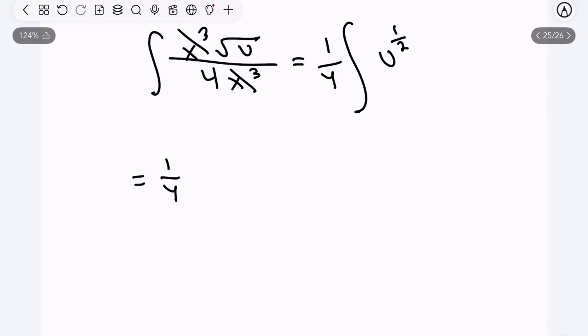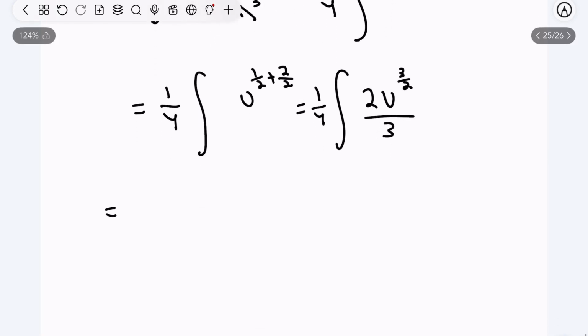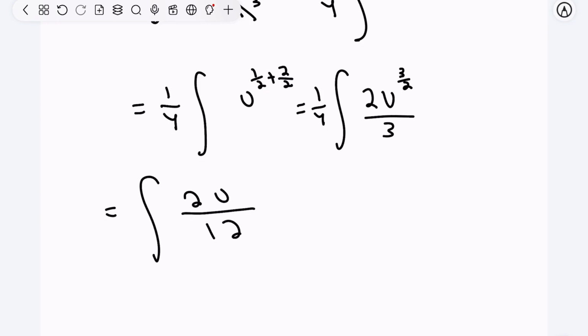Now we need to find the integral. u to the 1/2 plus 1, which is 3 over 2, divided by 3 over 2, which is equal to 1 over 4 times u to the 3 over 2 times 2 over 3. You can multiply that. That's going to be 2 times 1 is 2 over 4 times 3 is 12, u to the 3 over 2.